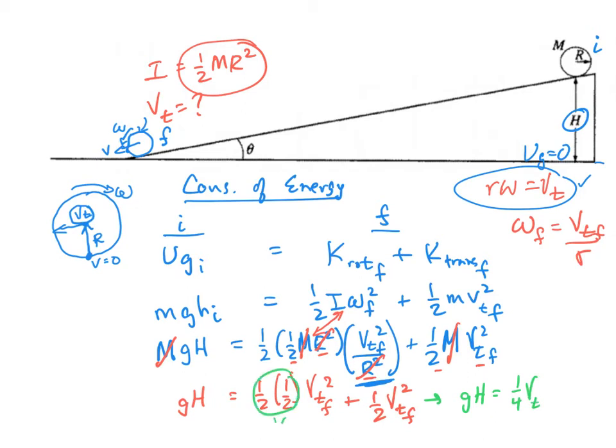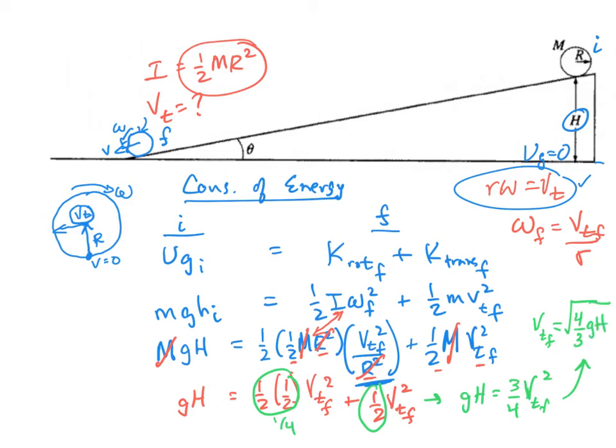This is 1/4, this is 1/2. You add a half to a quarter, you get 3/4. So this is 3/4 VTF squared. Solve that for VTF squared: VTF is the square root of 4/3 GH.